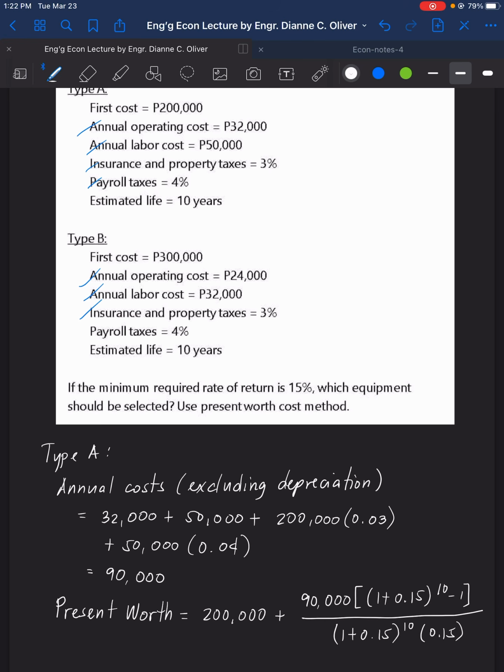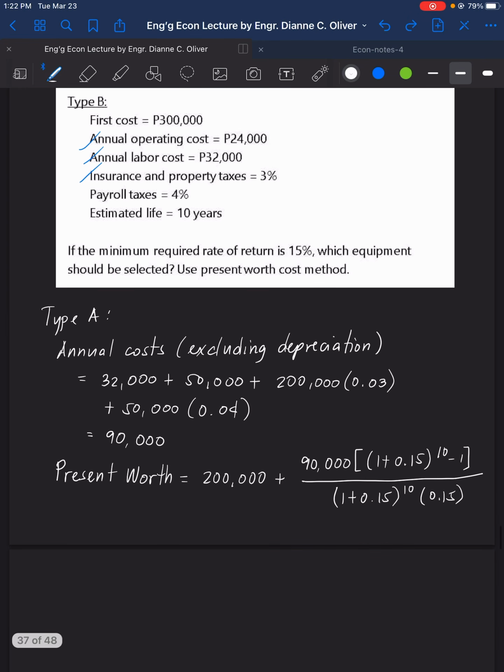Remember, in annuity, this is the formula for the present worth. So what's the answer for the present worth here? Its present worth is 651,689.18. So that is the present worth of type A.